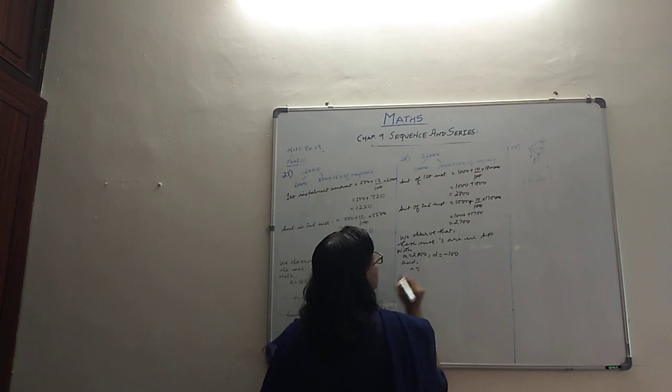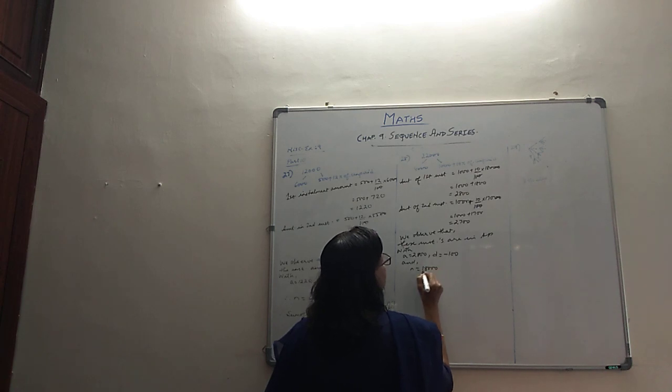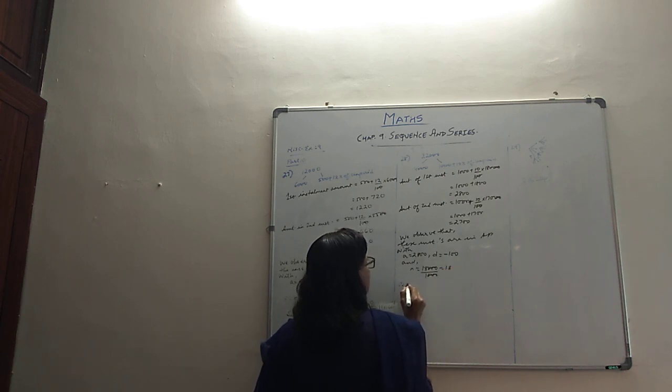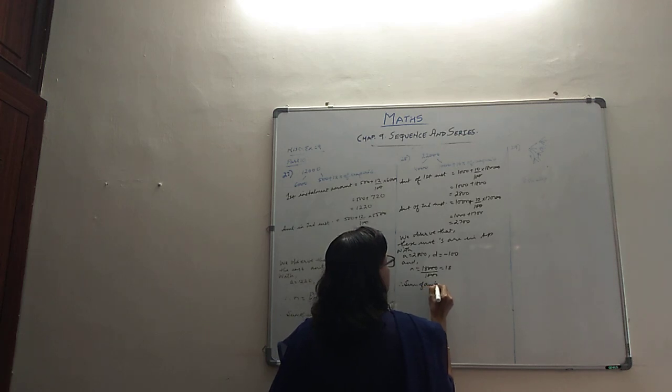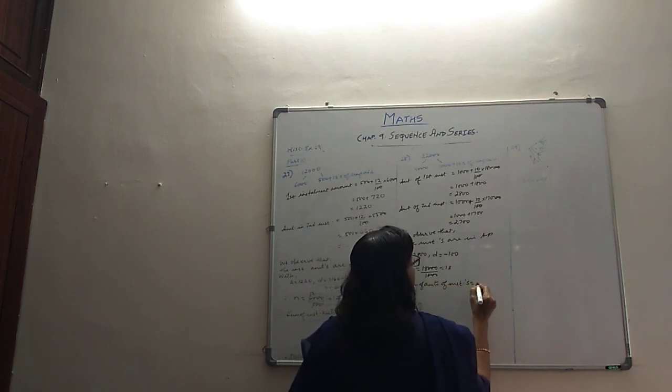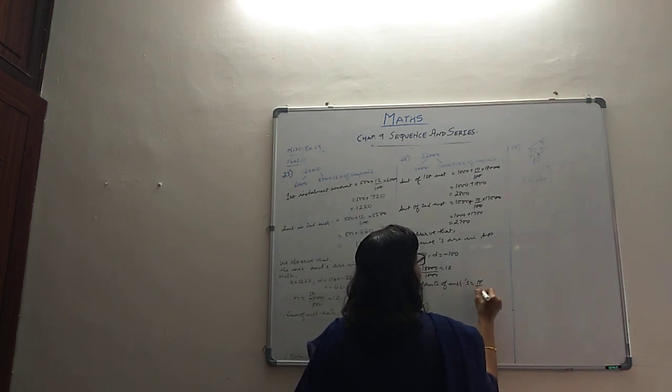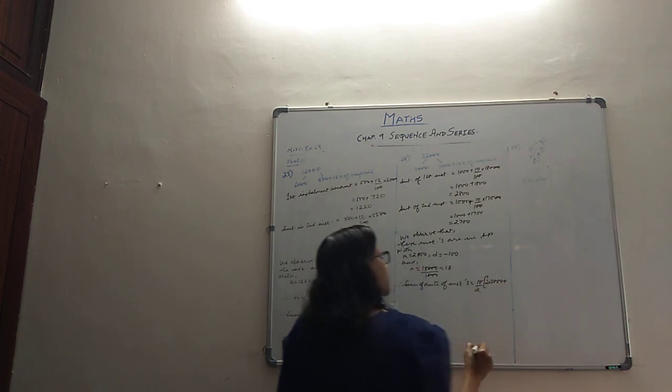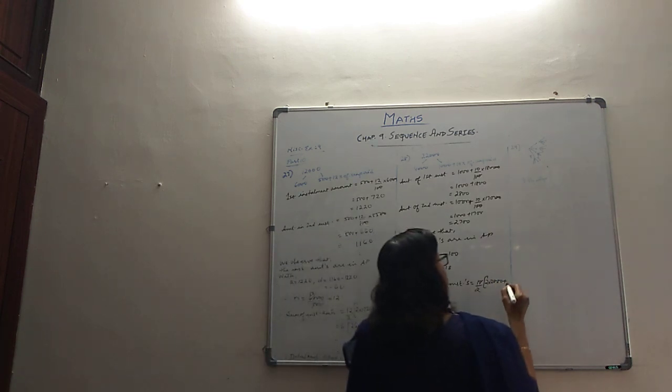N of course will be, the unpaid amount is 18,000, and every time we are paying 1,000. So like that we'll have 18 installments. So we have to find the sum of installments. S is N by 2, 18 by 2 into 2A, 2 into 2800, plus N minus 1, which is 17, and D is minus 100.